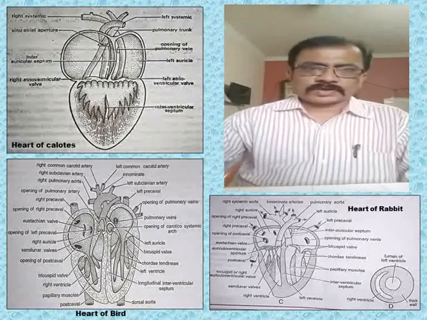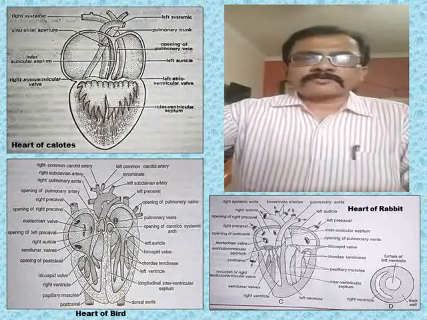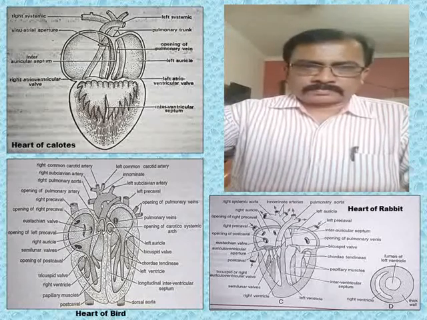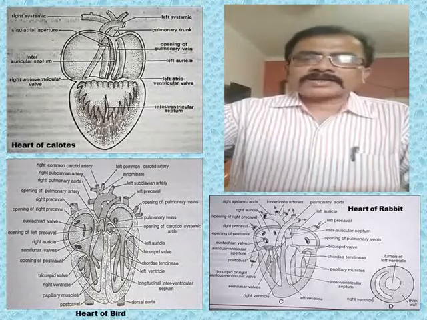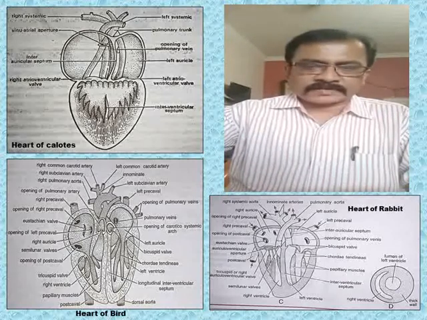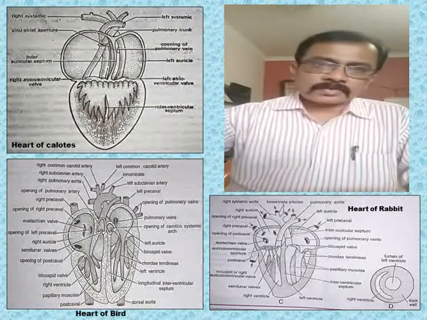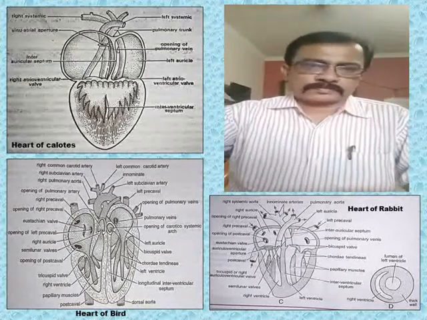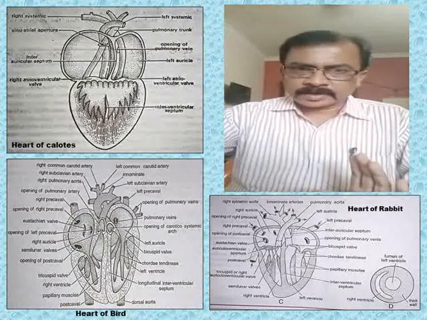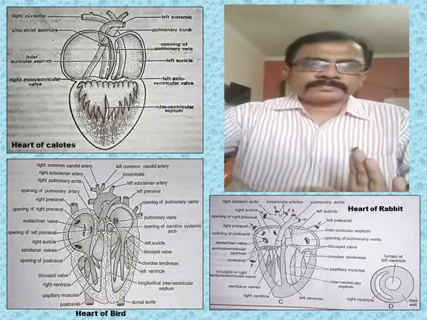There is no partition. In case of bird, particularly we are going to take the example of pigeon. Heart is located mid-ventrally, that is in the thoracic cavity, and that is surrounded by liver lobes.